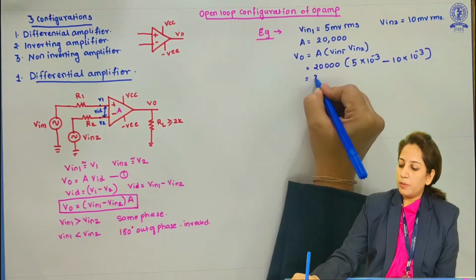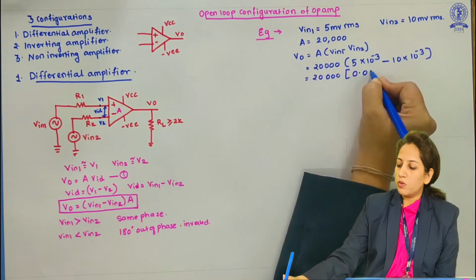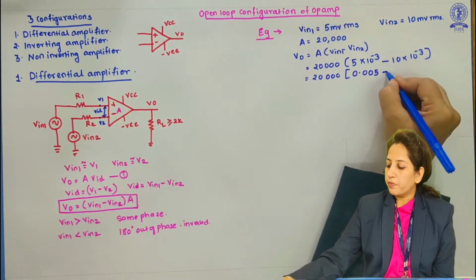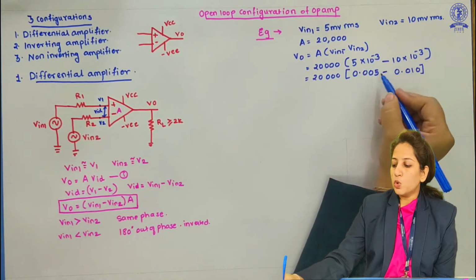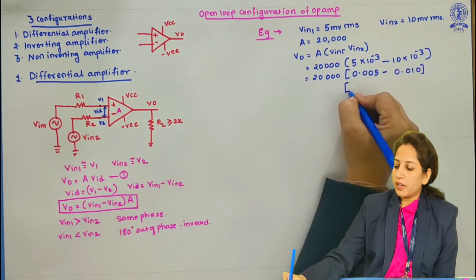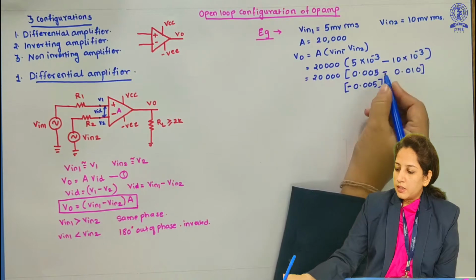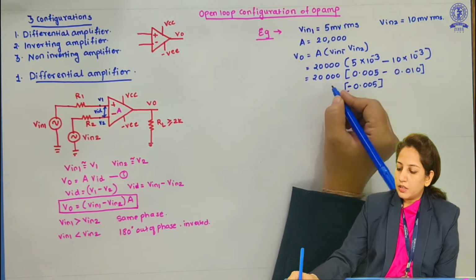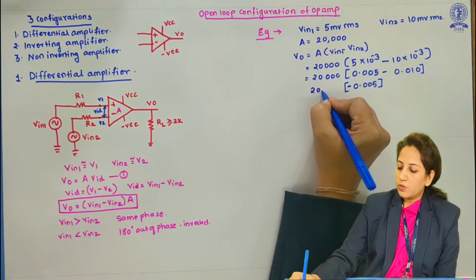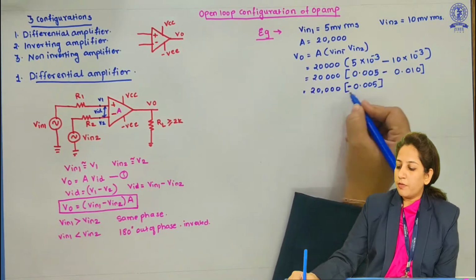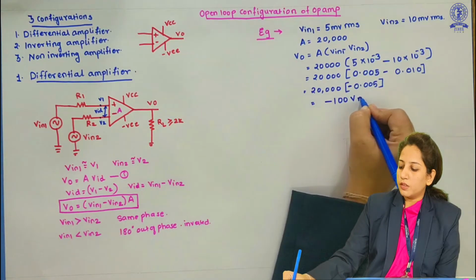Here it will be 20,000 into (0.005 minus 0.010). After subtracting, this will become minus 0.005, because 0.010 is greater than 0.005, and with the 20,000 gain I have applied, my answer will be minus 100 volt.